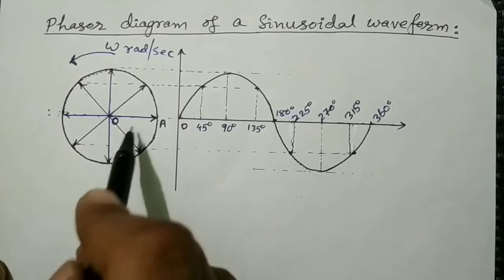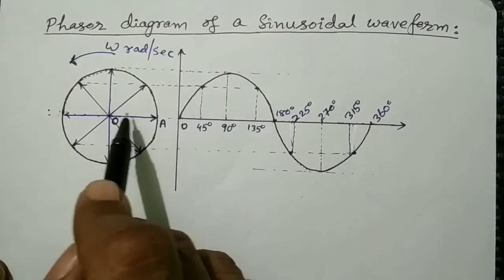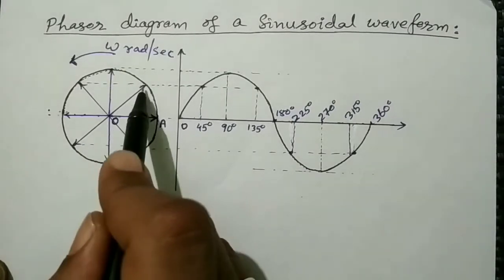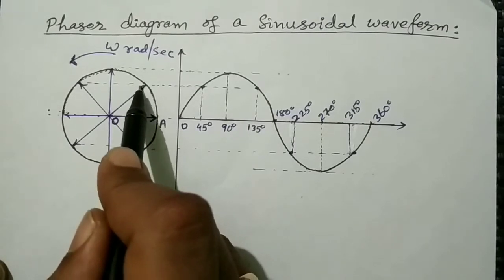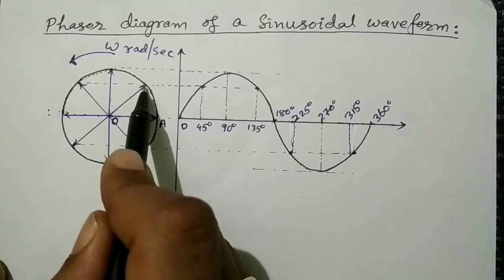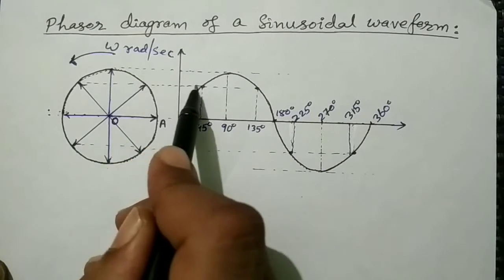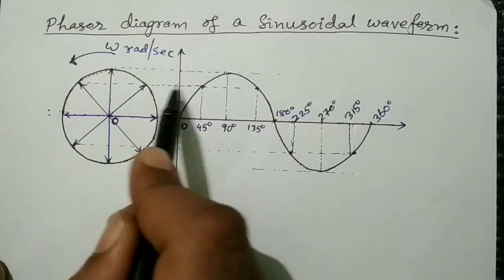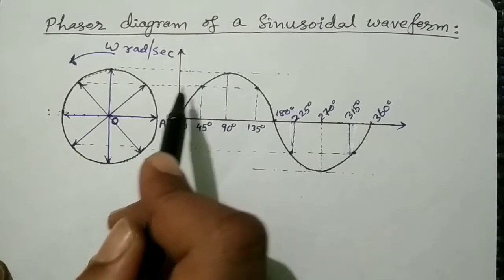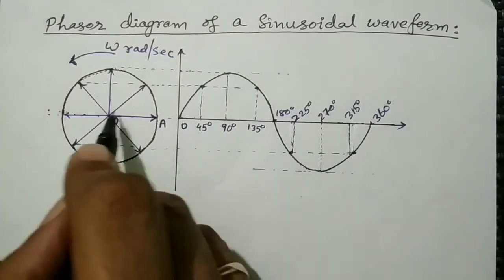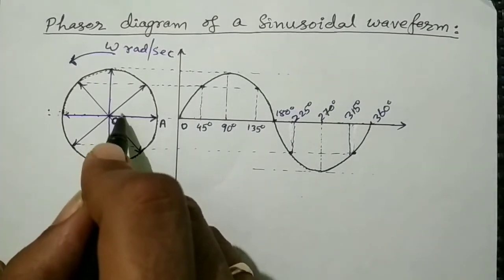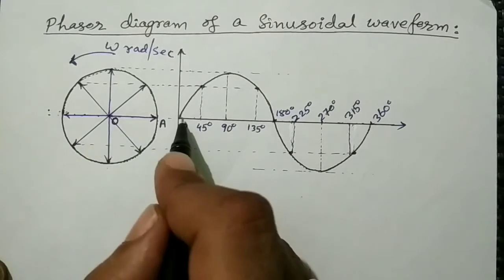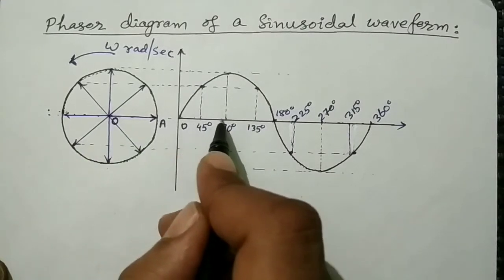So at each and every instant, the tip point of the line, that is represented by the arrow, will be plotted on a graph paper. Its projection will be plotted on the y-axis, and its angular displacement from the horizontal line would be considered as a component in the x-axis.